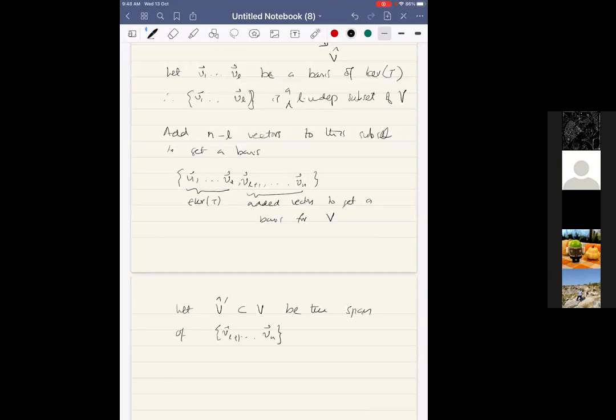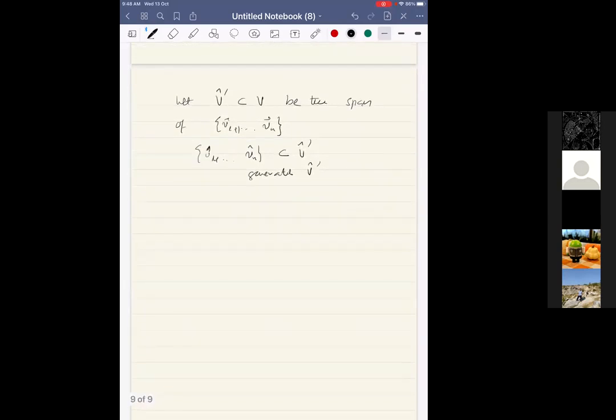So I take the span of these guys, and that's a subspace which I label V hat prime. So consider VL plus 1 to Vn. This is a subset in V hat prime. It generates V hat prime.